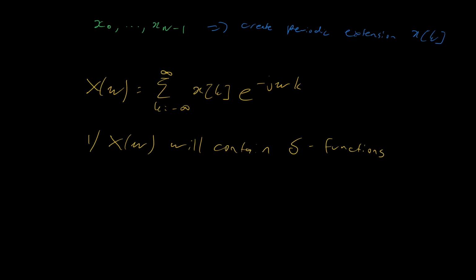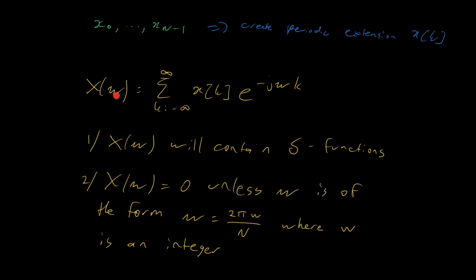We also find that values of X of omega are going to be 0 except for these occasional Dirac delta functions that occur at regular intervals. We saw earlier that if we sample in one domain, we create a periodic structure in the other domain. Well, the reverse is also true. If we have a periodic structure, then in the other domain we have a discrete structure.